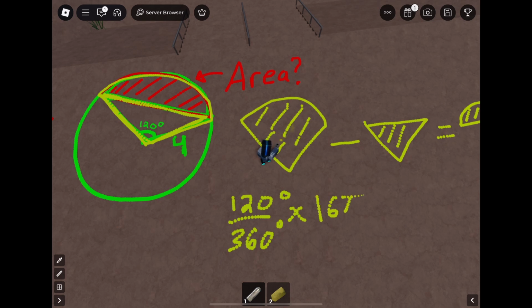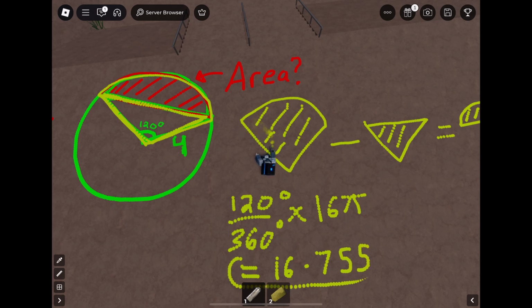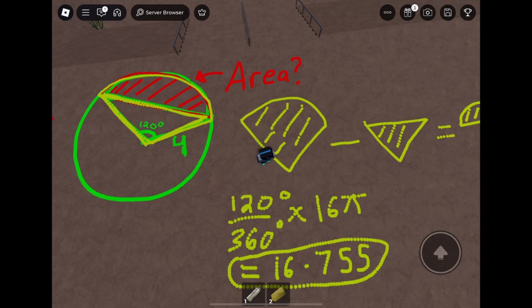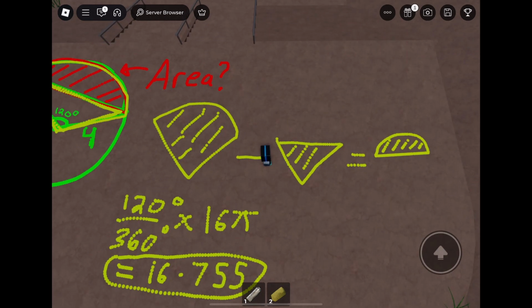And if you put this into a calculator, that would be about 16.755. So this is the area of the sector. We'll need that for later. That was the easy part. Let's find the area of this triangle. That's going to be a little harder to find.